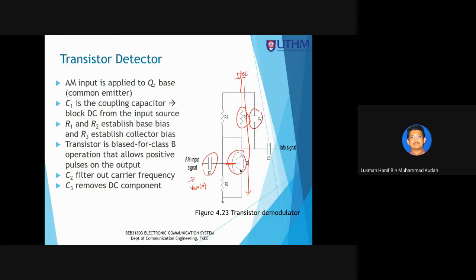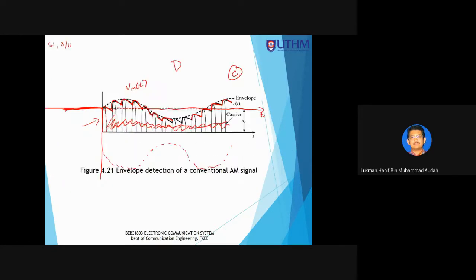Okay, dan pada ketika transistor switch off, RC tank circuit will discharge at that time to produce the output. Okay, the other half of the output. Ini macam yang tadi saya terangkan. Okay, so RC dia akan discharge and it will slowly decreasing the output.